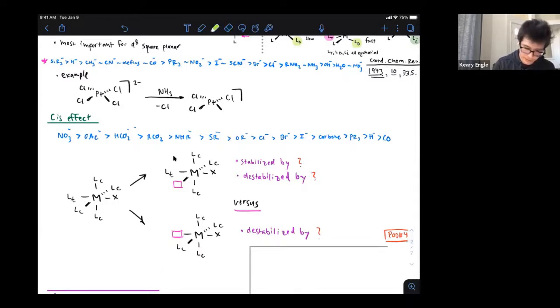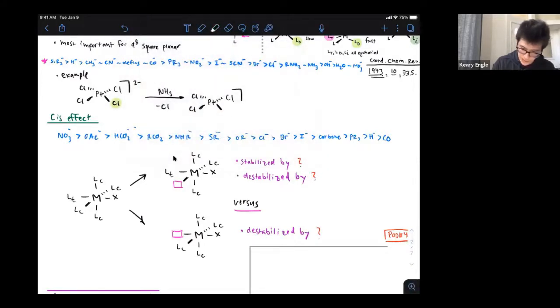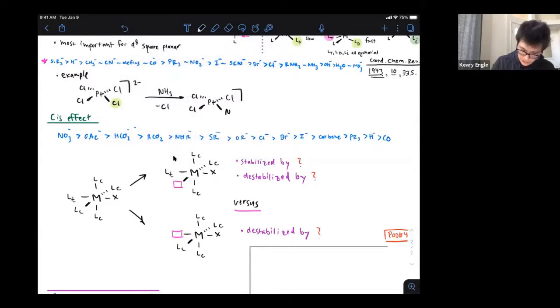So in the first step, all four ligands around platinum are equivalent. So all that's going to happen is that you exchange one of them. There's no selectivity considerations here.